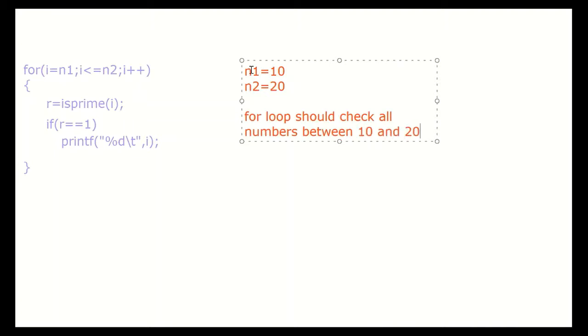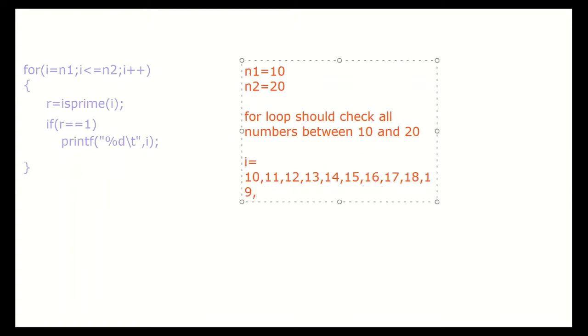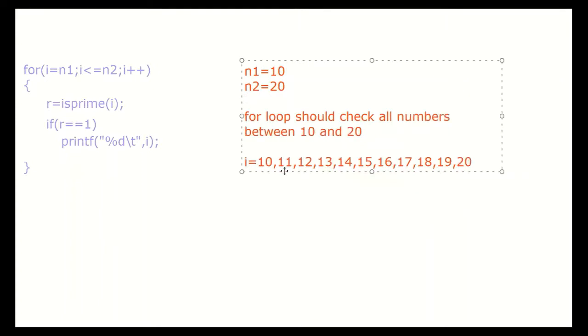So prime number logic is known. So the i value will go from 10, 11, 12, 13, 14, 15, 16, 17, 18, 19, including 20. It is going to verify whether prime numbers are there or not, these many times. So the number 10 is sent to the is_prime function here.